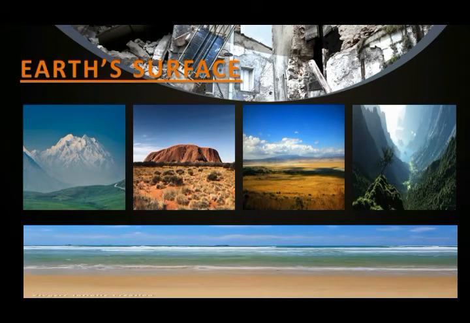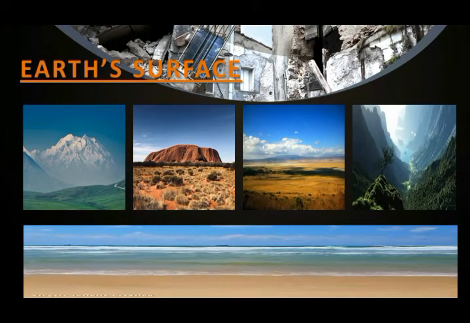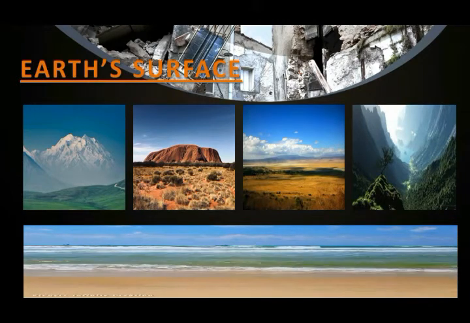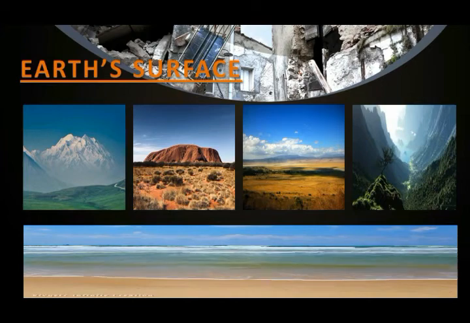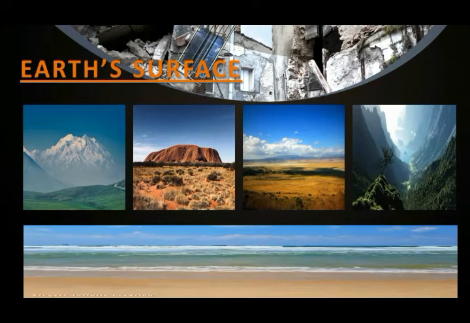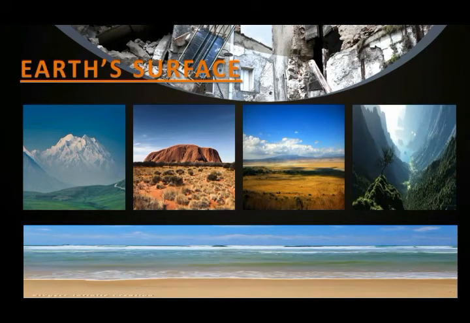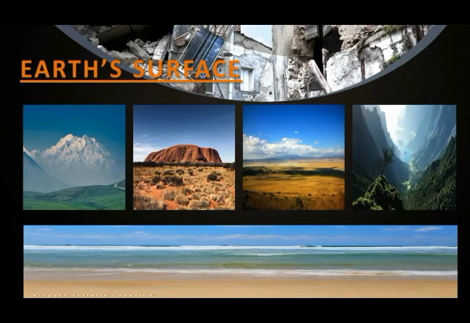In the same way, earth also has variation in its features. You can say land features. We have so many landforms on the earth, and those are varying from one to another.